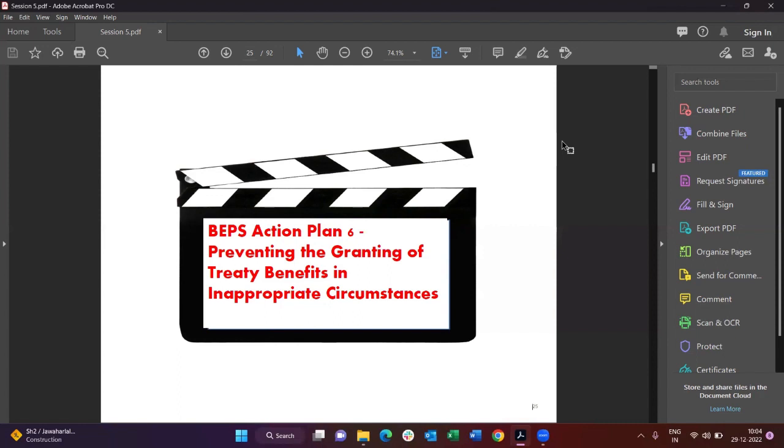So next one was preventing the granting of treaty benefits in inappropriate circumstances. This was a minimum standard, and options were given by the OECD for the countries. There were three options. First one was the limitation of benefits clause. The limitation of benefits clause was to be introduced in each treaty, which limits the benefits given in the treaties.